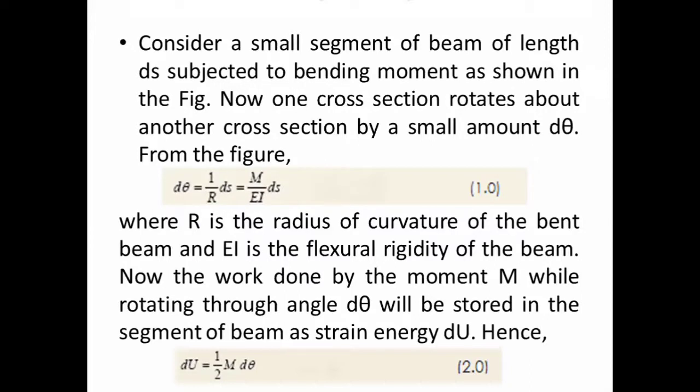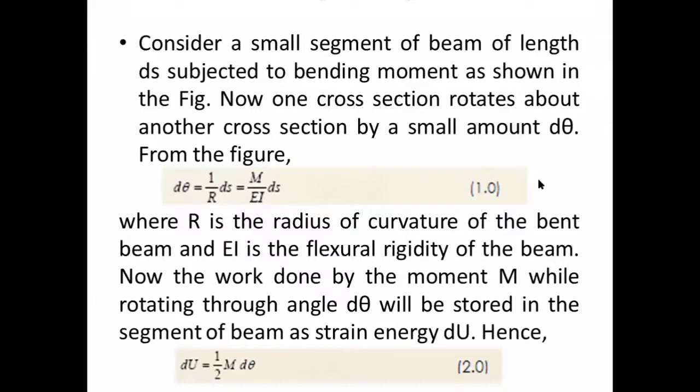Similar to axial load, strain energy due to bending is half M d theta, but this is for the small part of the section which is considered, of length ds.